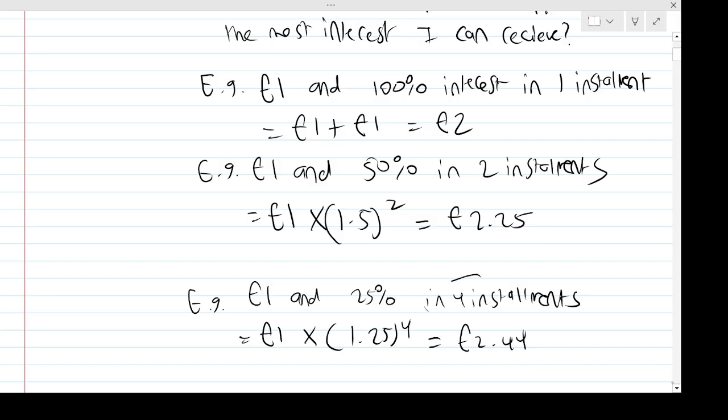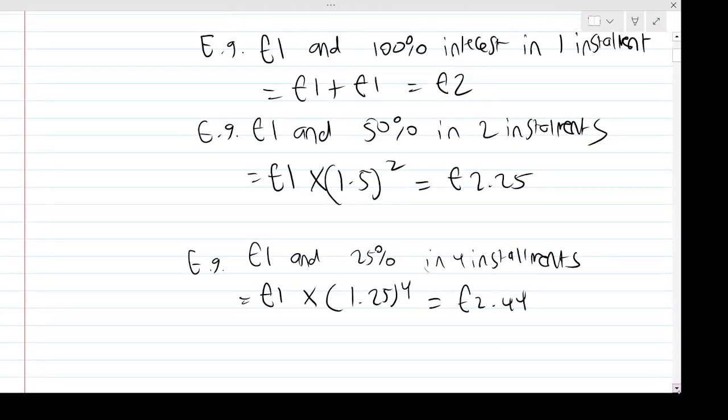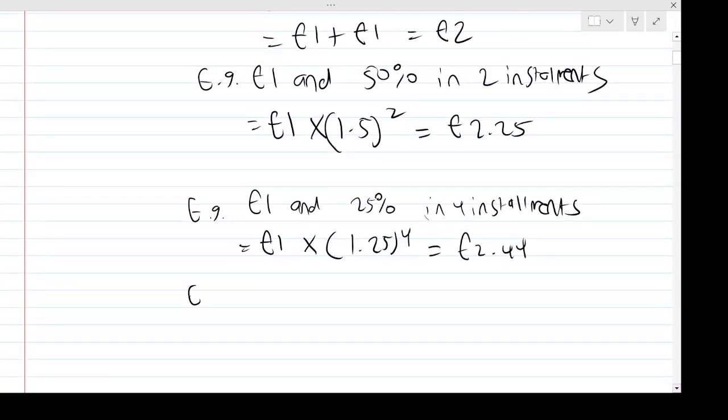This could be like every 3 months in a year, because there are 3 months, 6 months, 9 months, and 12 months in 1 year. So split it evenly. Then let's say in 12 installments, so it could be every month.